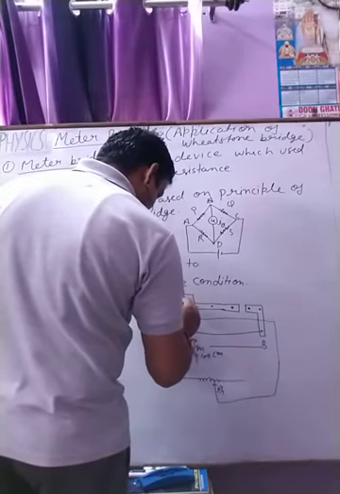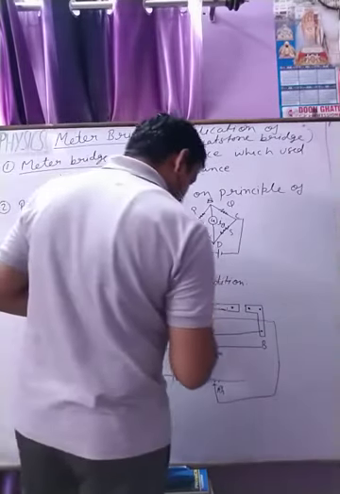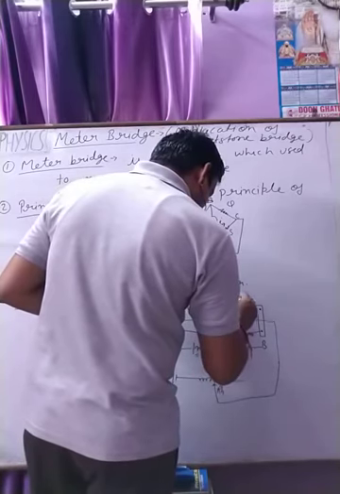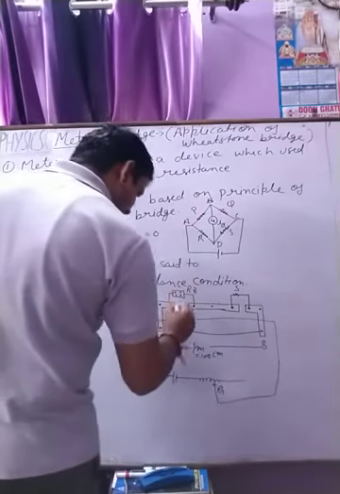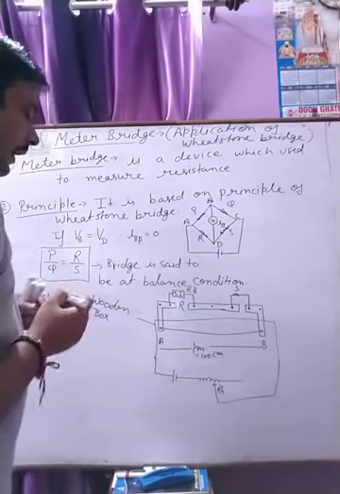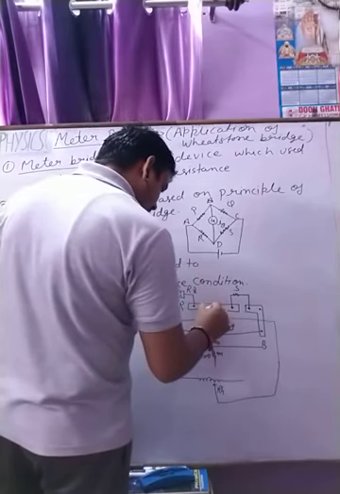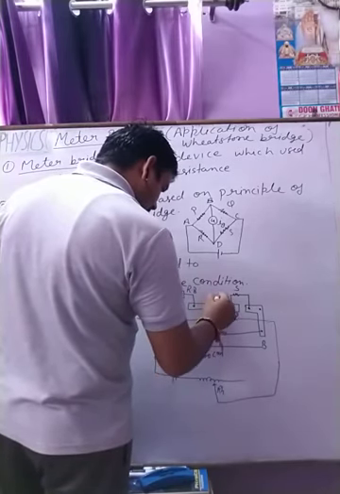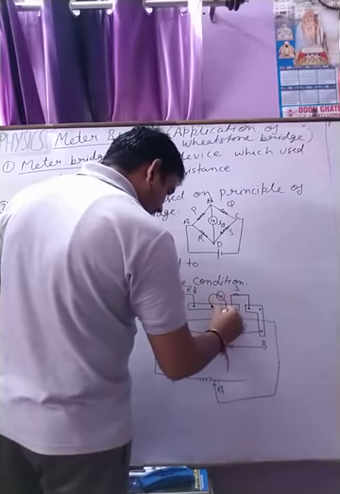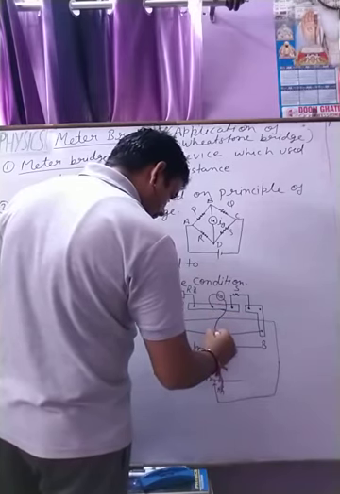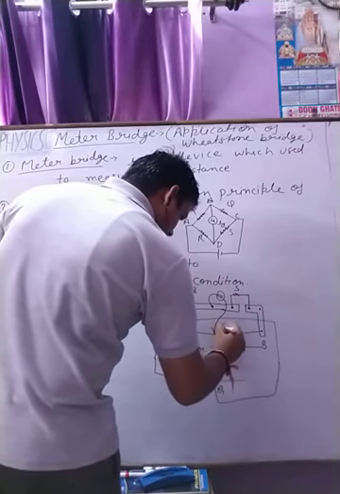This is RB, resistance box, and in the other we connect an unknown resistance, which we call S, and this we call R. With the center terminal of the strip a galvanometer G is connected, whose second terminal is connected with the wire with the help of a slider, called a jockey.